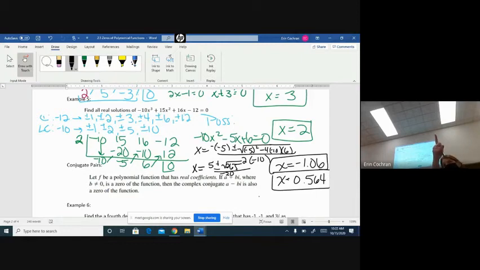Do we get it this time? Okay. And then you do 5 minus the square root of 265 divided by negative 20. Okay. And you should get 0.564 for that.